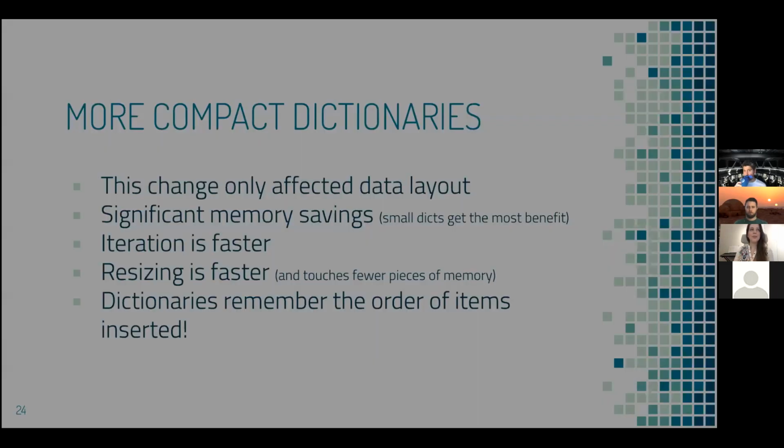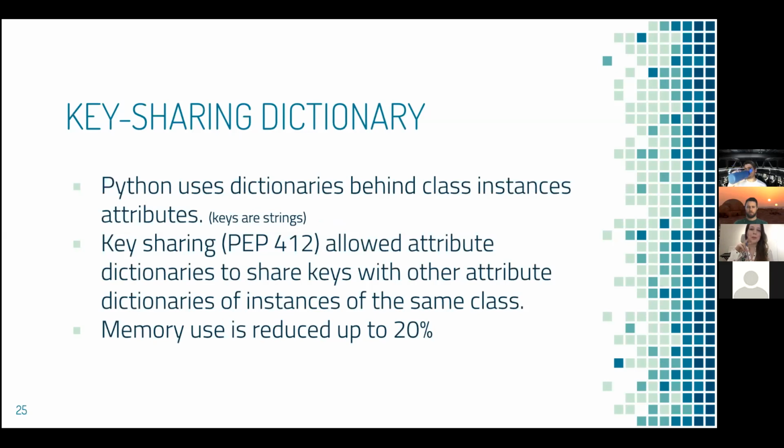The second performance optimization I wanted to talk about was key sharing in dictionaries. As we saw in the poll, behind the scenes Python uses dictionaries for class instance attributes. And this PEP allows sharing of that. I'm going to give an example.